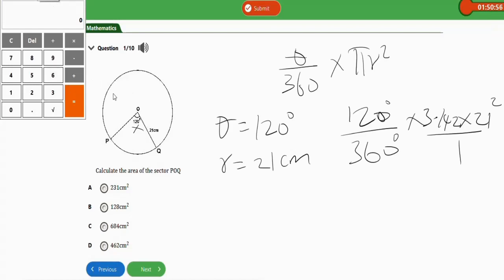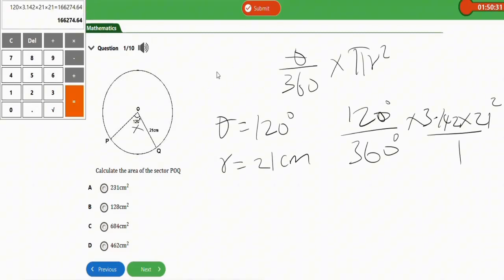So let's simplify gradually. We are simplifying the numerator: 120 degrees times 3.142 times 21 times 21. So the output, we have it to be this value.